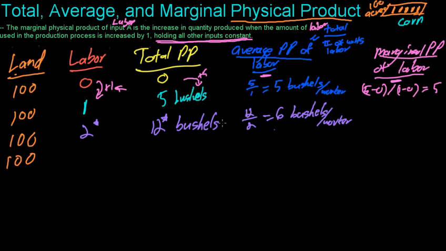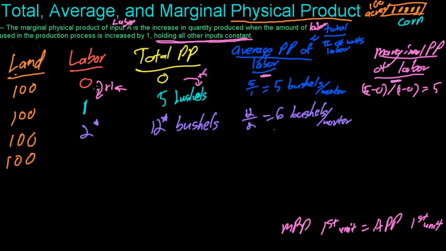So just right here I want to stop and point something out. The marginal physical product of the first unit is equal to the average physical product of the first unit. And that is always going to be true, because when you increase labor from 0 to 1, whatever your total product is going to be your average product, and it's also going to be your marginal product, because in both cases we are dividing by 1.